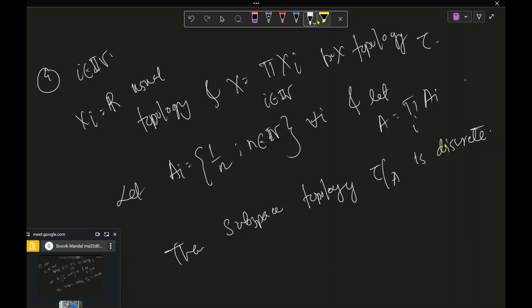So how to do this? Let me check the solution here. Let me think whether it is possible to get some new solution other than this.